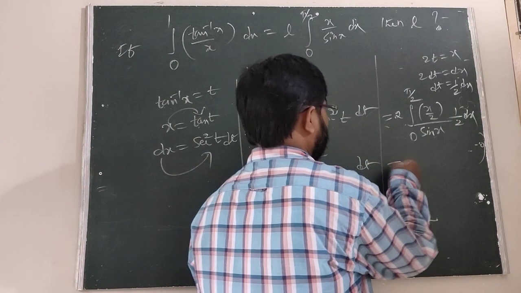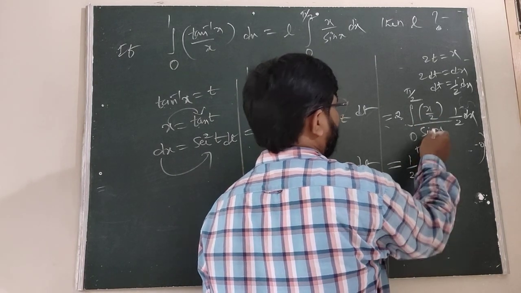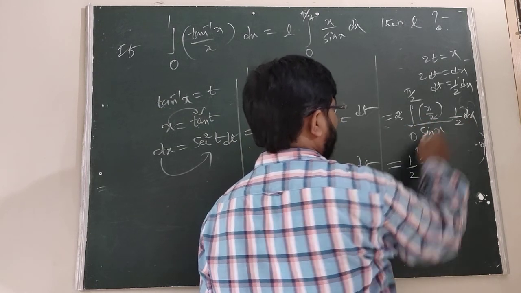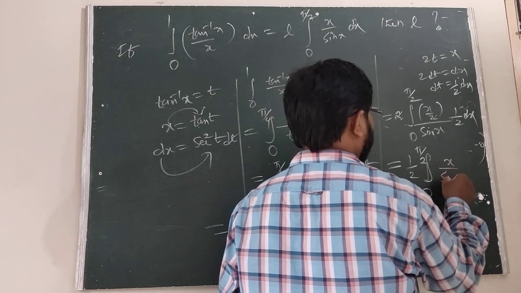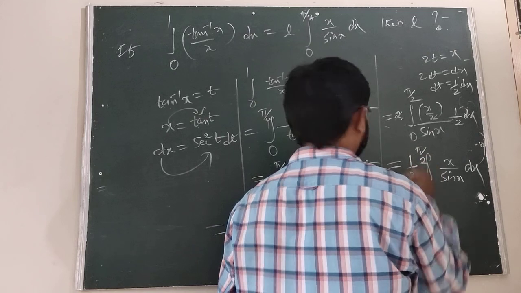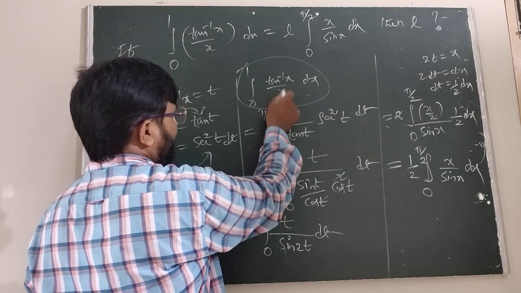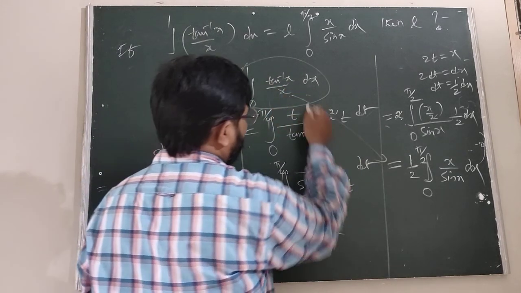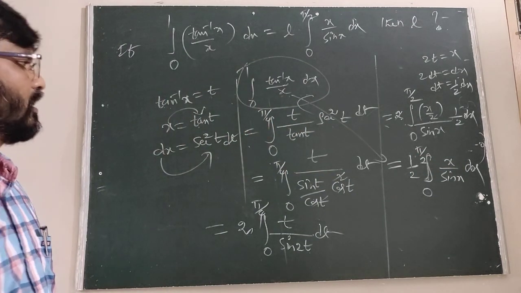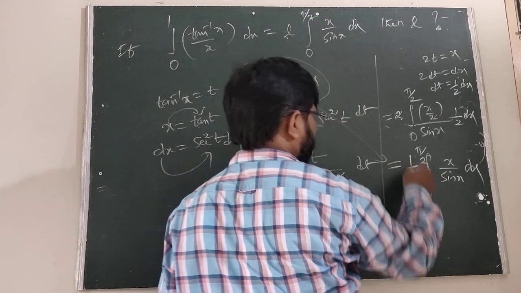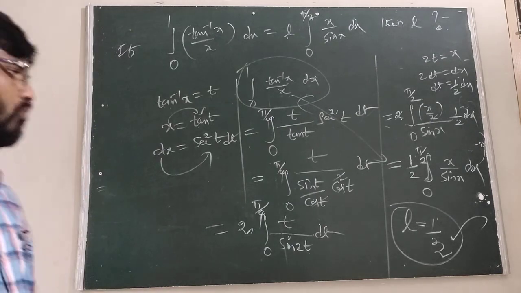Therefore here the 2 cancels. You can write the 1 by 2 outside of the integral, from 0 to pi by 2. What is remaining? x by sin x dx. This is the integral of 0 to 1 tan inverse of x by x dx equal to 1 by 2 into the integral 0 to pi by 2 x by sin x dx. What is the value of L here? The L equals 1 by 2. L equals 1 by 2 is the answer. Okay.